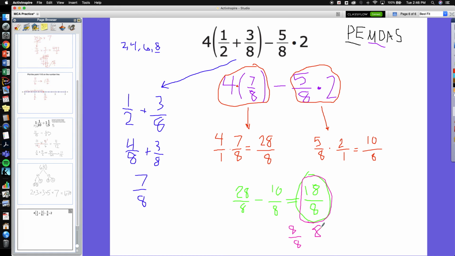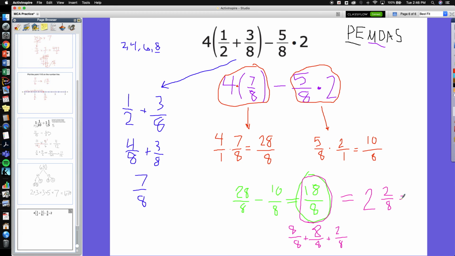And then we have another 8 eighths to make another whole. And that would give us 16. So then we're going to have 2 left over. So 18 eighths is the same as 2 and 2 eighths, which is, again, not one of our choices.